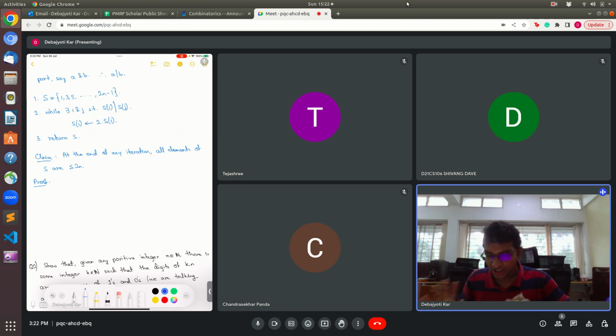Initially this is true. Initially the sequence consists of the numbers 1, 3, 5 up to 2n minus 1, and all of them are less than or equal to 2n.